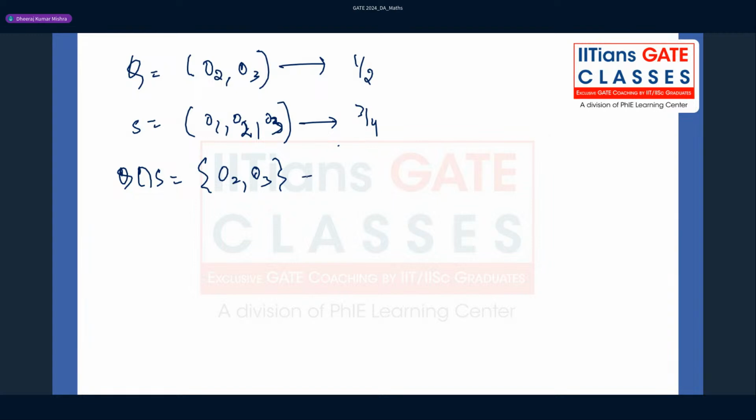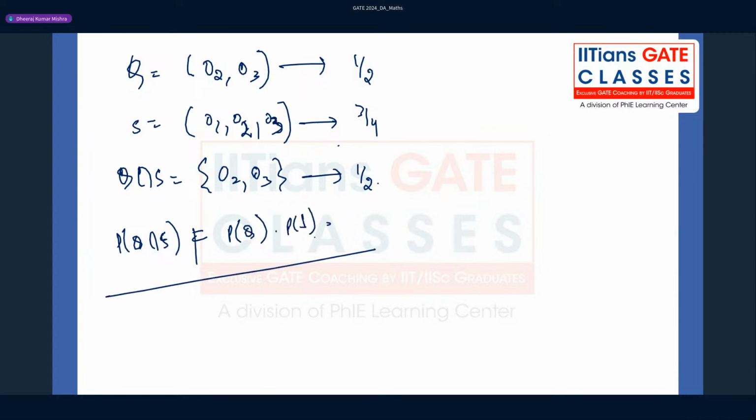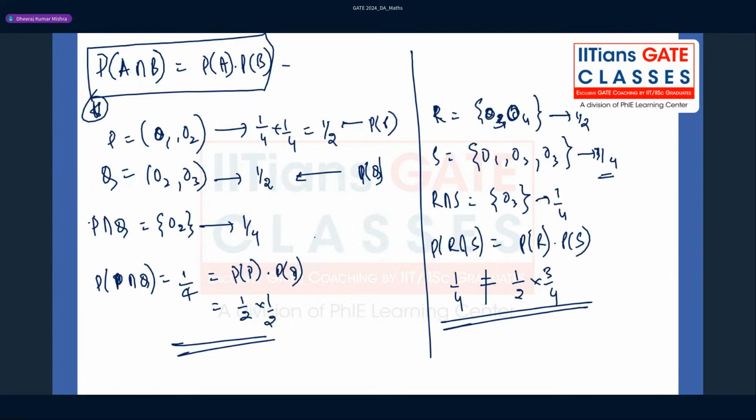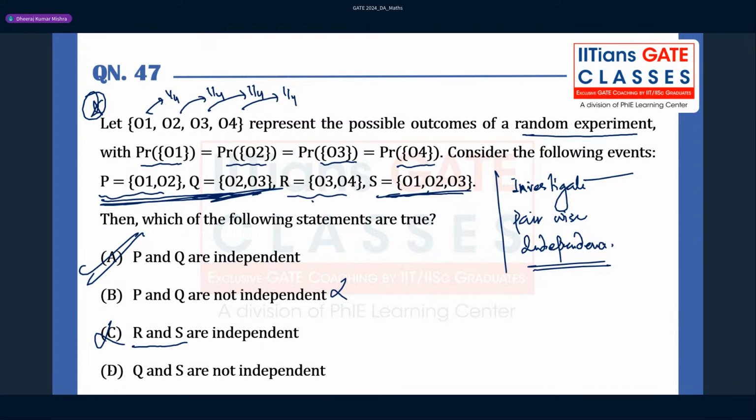The probability of Q intersection S is 1/2, which is not equal to the probability of Q times the probability of S. So they are not independent. In the options they say Q and S are not independent. Yes, it is true. So which option is correct, guys? Option D is correct.